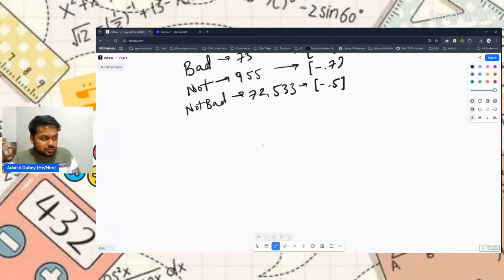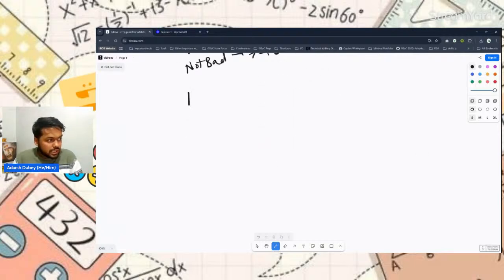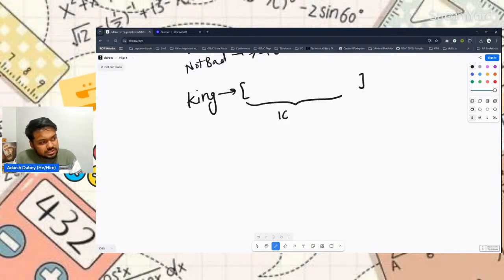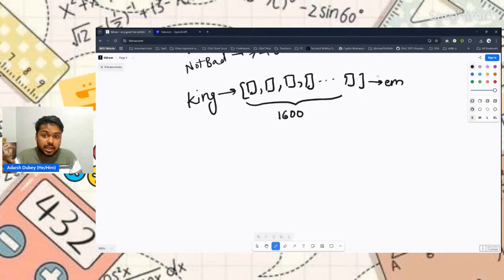Suppose there's a word like king. It will have an array of around 1600 length. What does that mean? Each value in the array, which is known as the embedding, this array is the embedding of king.